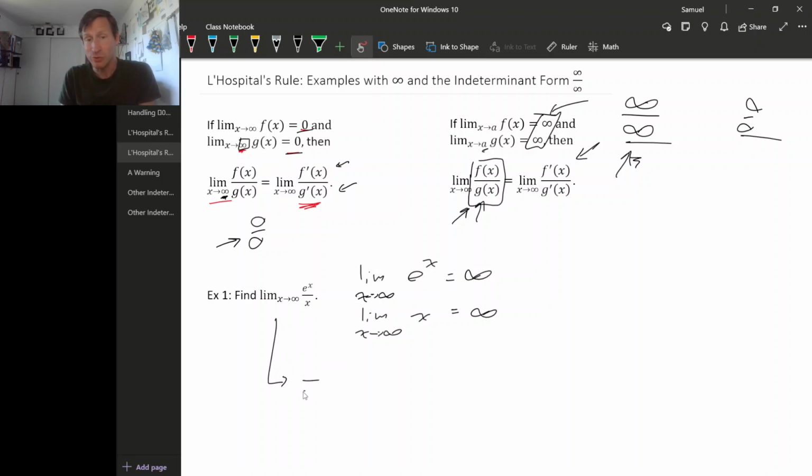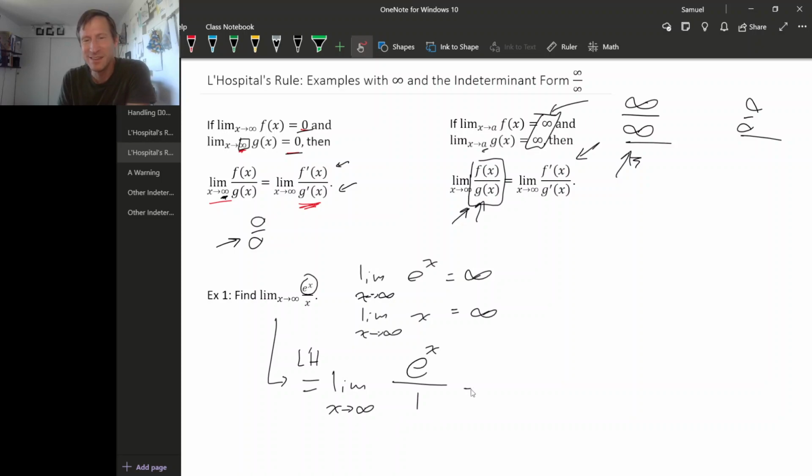And L'Hopital's rule says that we can, instead of taking the limit of the original, replace the numerator with its derivative, and the derivative of e to the x is e to the x. And we can replace the denominator with its derivative, the derivative of x is 1, and evaluate this limit instead.